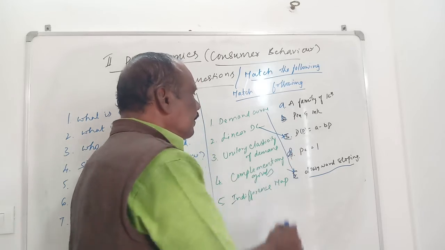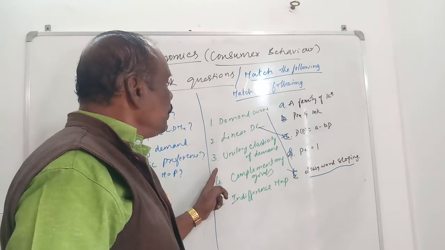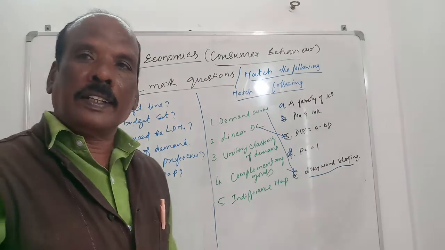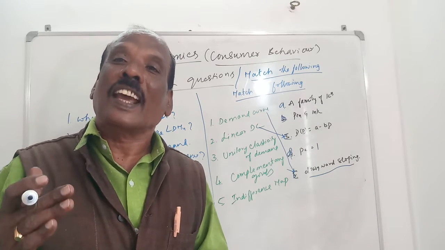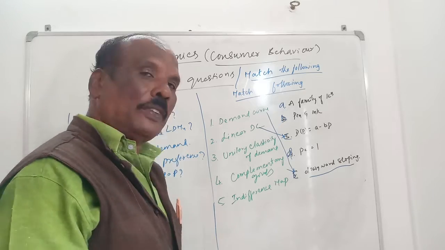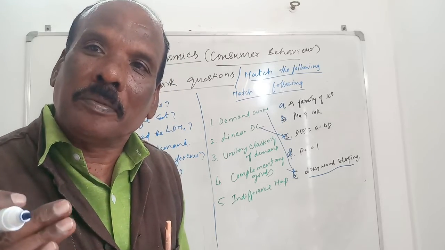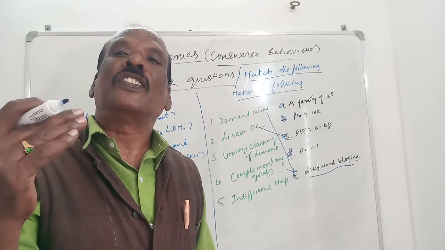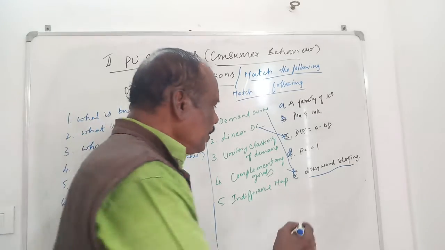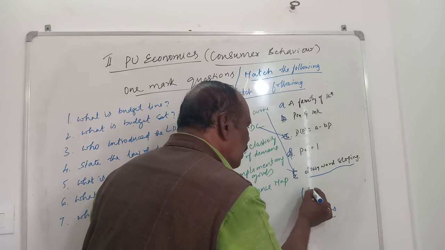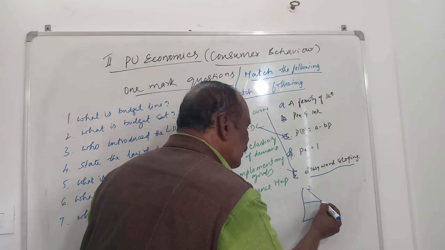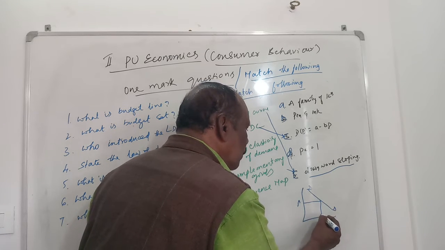You should match this. And unitary elasticity of demand. That means equal rate of change in demand. That means if there is 10% change in price, there will be 10% change in demand. So you can see, this is the demand curve, this is the price, and this is the quantity.